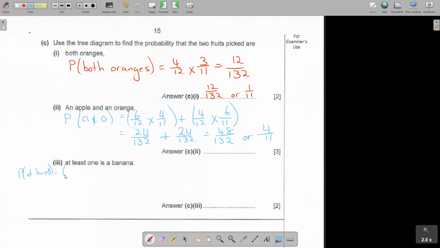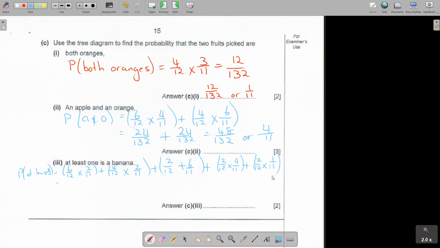Because it's 6 over 12 times 2 over 11 plus 4 over 12 times 2 over 11 plus 2 over 12 times 6 over 11 plus 2 over 12 multiplied by 4 over 11 plus 2 over 12 multiplied by 1 over 11.